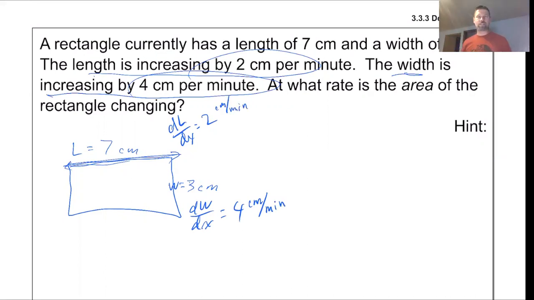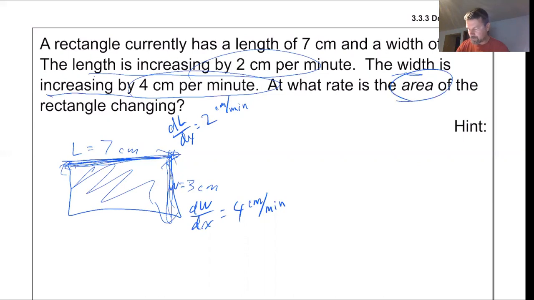And so the question is saying, well, at what rate is the area of the rectangle changing? Since this width is growing and this length is growing, that area is also growing. The question is at what rate? So I'm measuring area. Formula for area is just length times width.